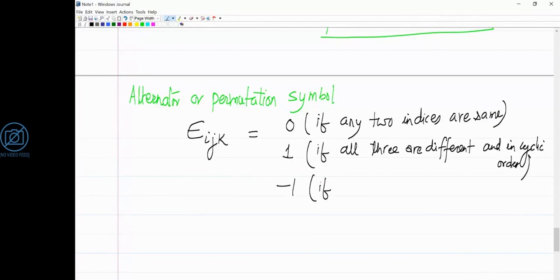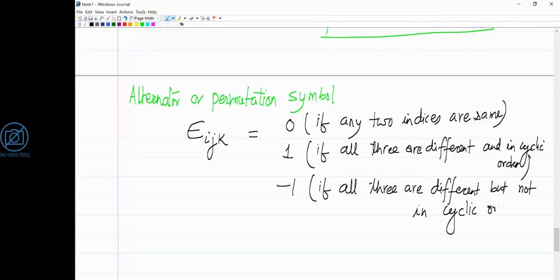I will tell you what this means by cyclic order. And it is equal to -1 if all three are different but not in cyclic order.